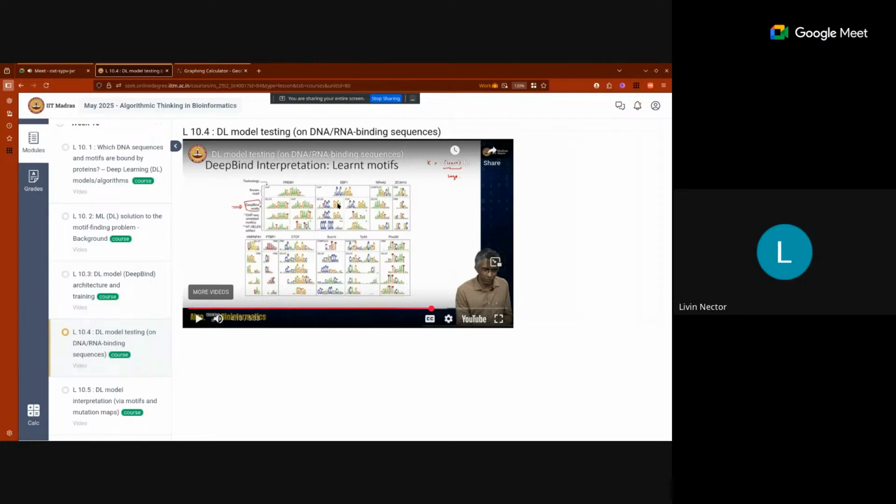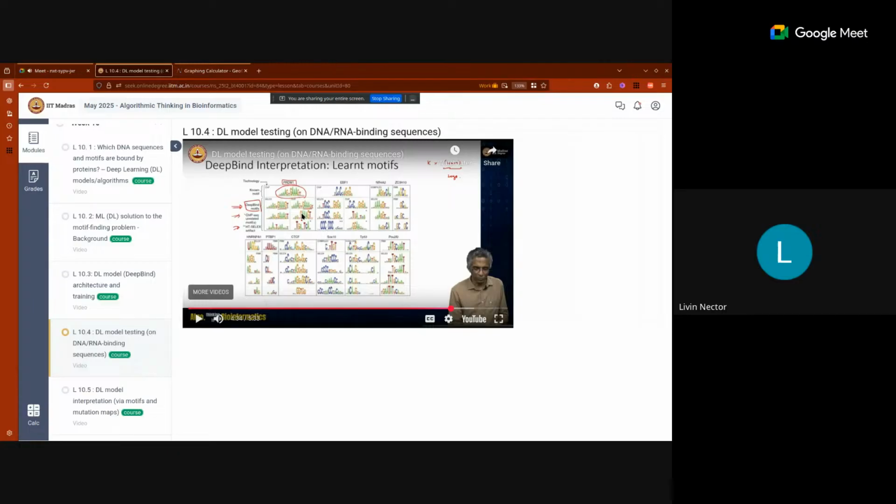What are we interpreting from the learned motifs? So these are the kernels that we found, right? Is there any interpretation or significance for that? What we found is that most of the learned motifs are very similar to existing ones. So these learned motif predictors map with the motifs that we already know from the tests.